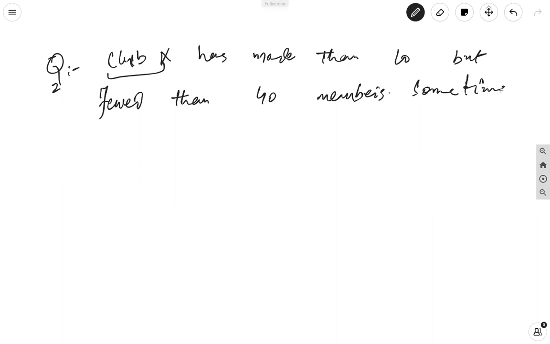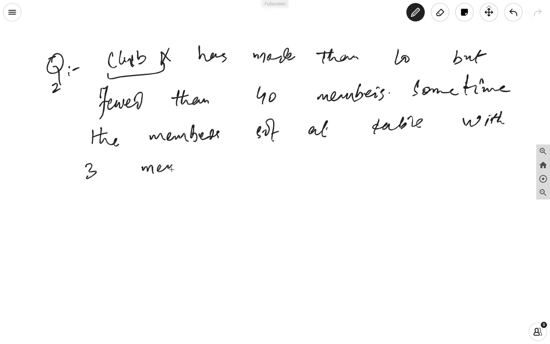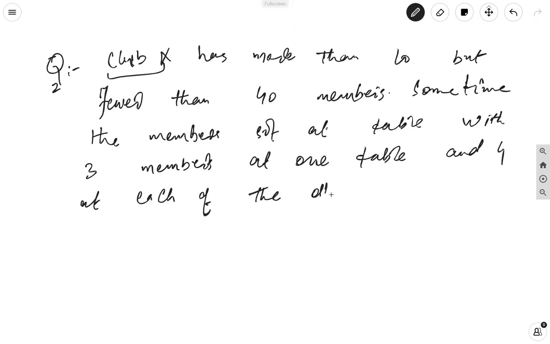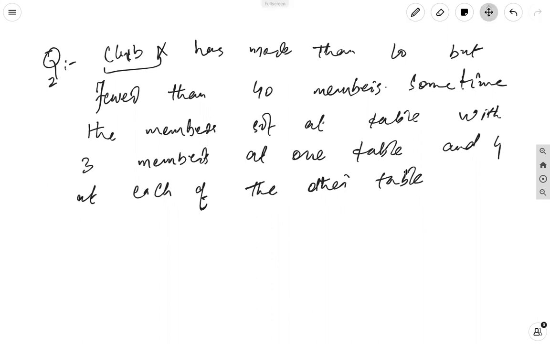Sometimes the members sit at a table with 3 members at one table and 4 at each of the other tables.